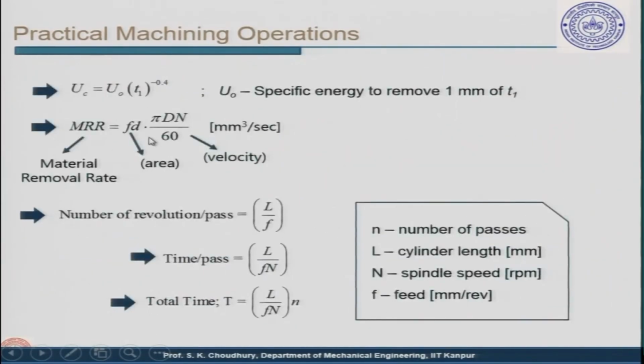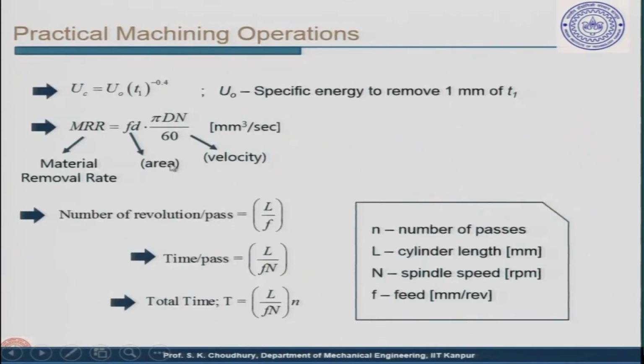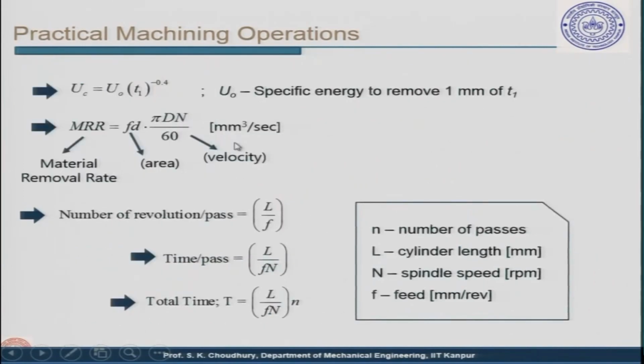MRR is actually the product of area and velocity. Since it is turning, the area will be the feed into d, the depth of cut. This feed into the depth of cut will be the area of cut, and the velocity is the cutting velocity, pi d n by 60, where 60 is because n is in RPM, revolutions per minute, so from minute to second we are converting.